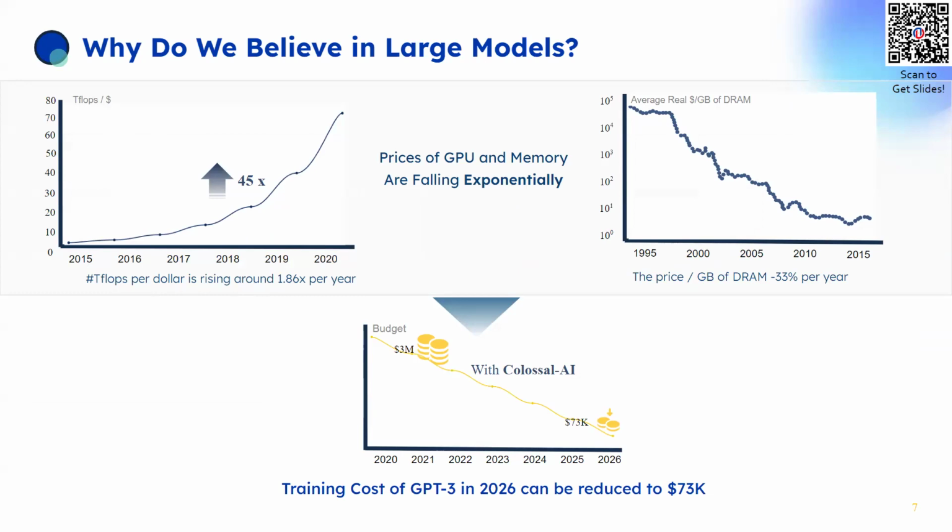For example, you can check the price for H100 GPUs, A100 GPUs, and V100 GPUs. You also know the peak performance of each GPU, right? Just use the peak performance divided by the price. That's the T-flops per dollar.